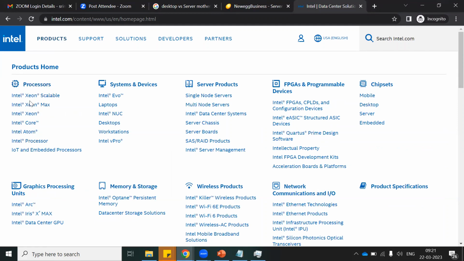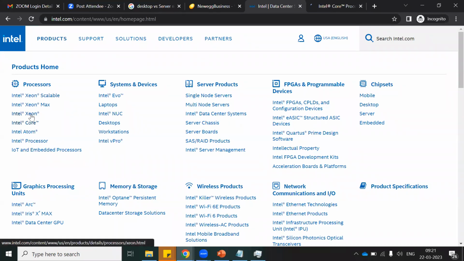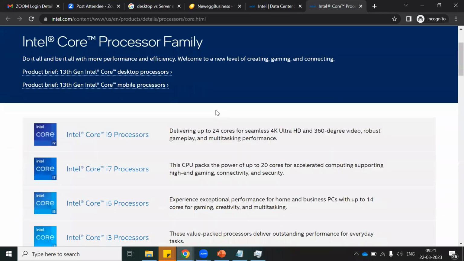There is Intel Xeon and Intel Core. If you go to Intel Core, you can see what this processor is. Is it a desktop processor or a server processor?